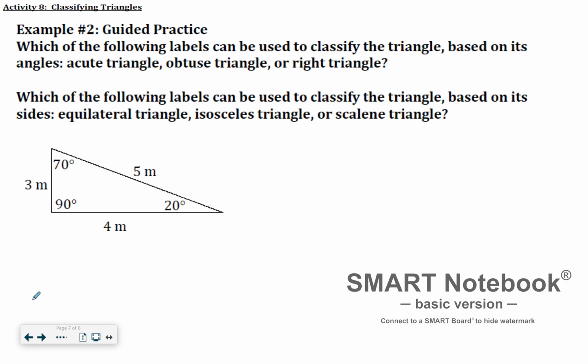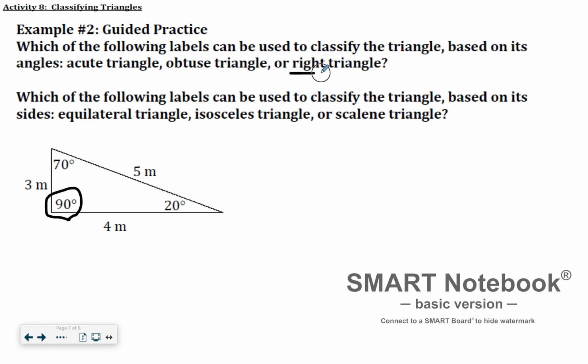Now let's move on to another example. Which of the following labels can be used to classify the triangle based on its angles? And then we're going to look at the sides. Let's start with the first question. This asks us to classify the triangle based on its angles. What do we notice about the angles of this triangle that helps you classify it? Right away, this angle caught my eye. It's 90 degrees.